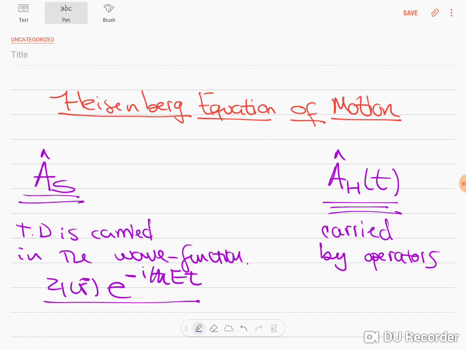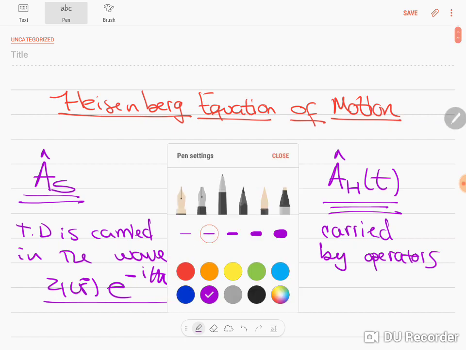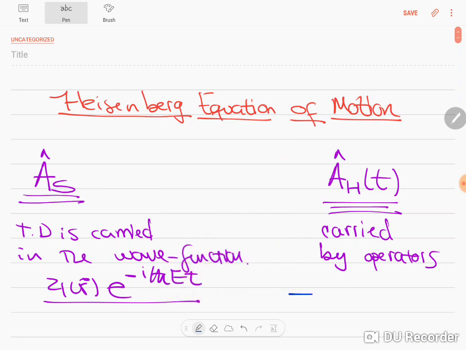is, given a Hamiltonian, so that's quite important. The Hamiltonian is what generates the physics of our system.